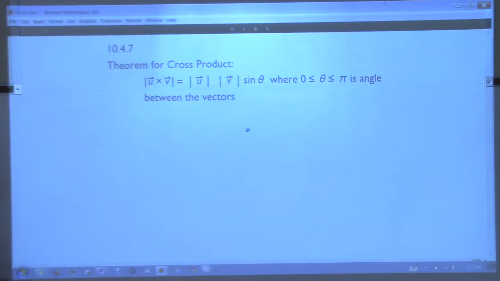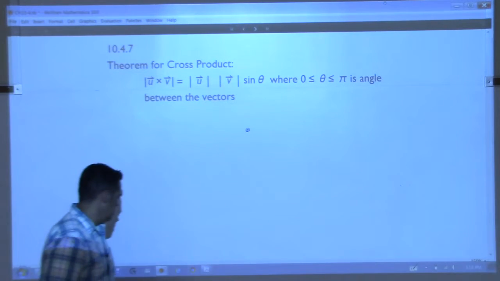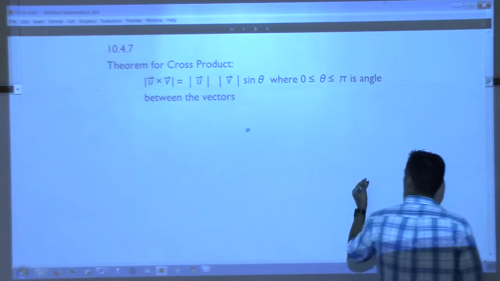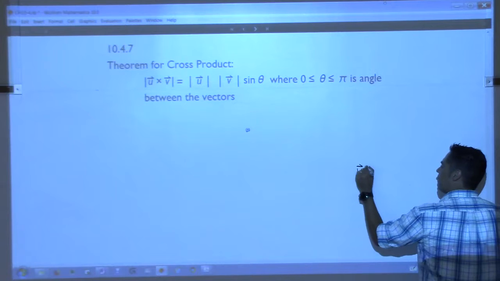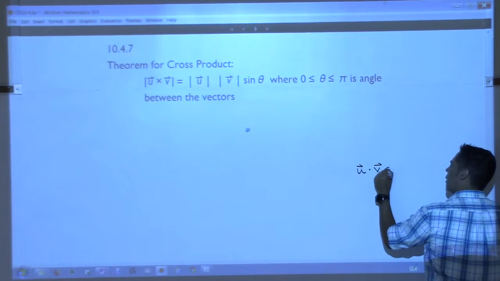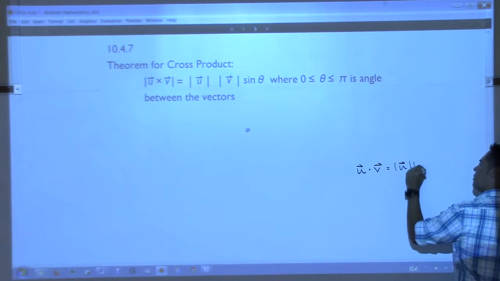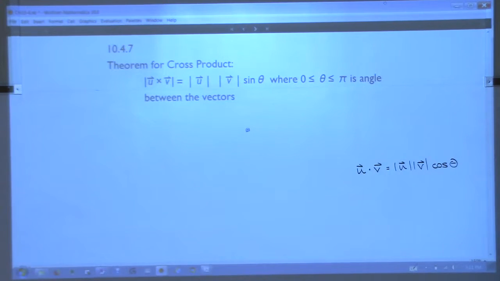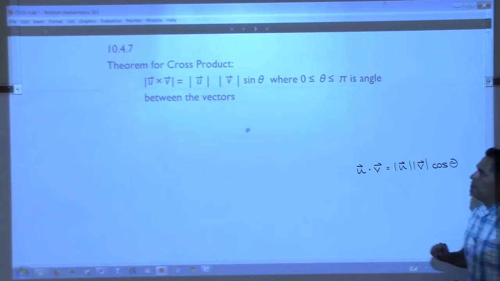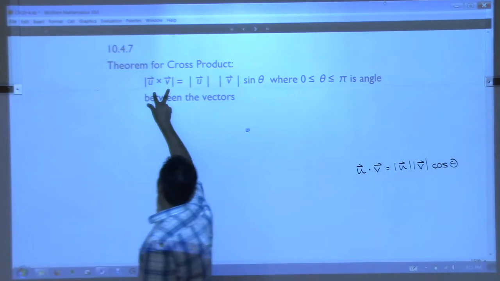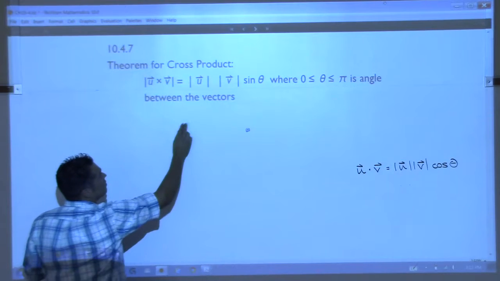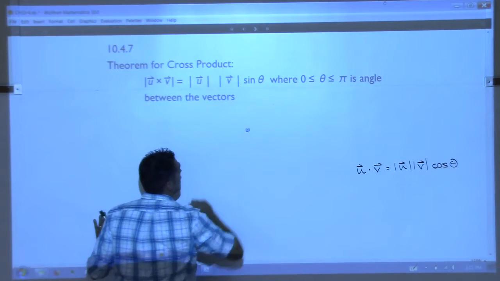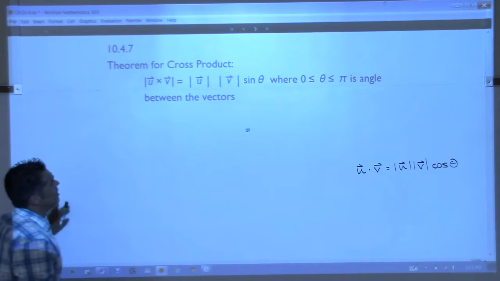Does that not look very familiar? We had something from last class that said when you do u dot v, it's equal to magnitude of u times magnitude of v cosine of the angle between them, right? That was from last class. This is saying that the magnitude of the cross product is equal to magnitude of u, magnitude of v, sine of theta. So very interesting result.